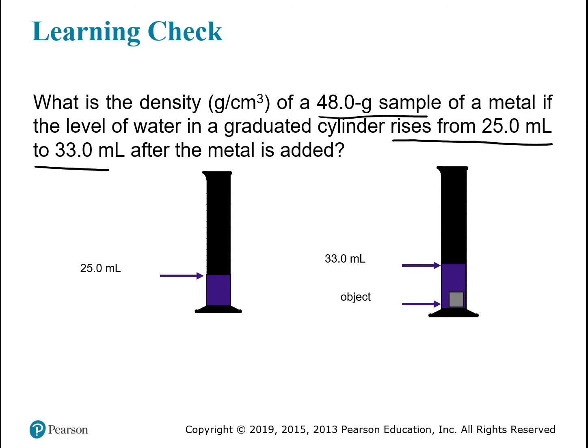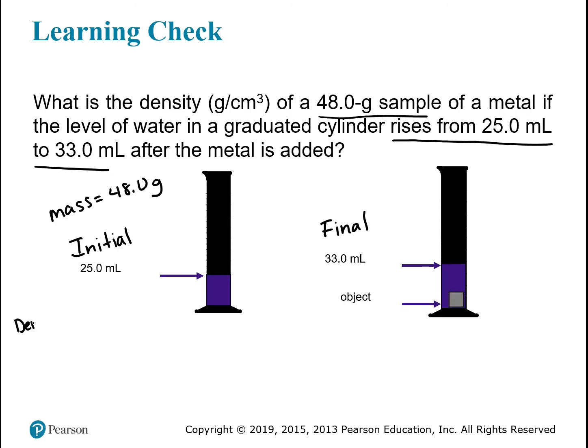We're given the initial and final volume of the water. The initial volume is 25 milliliters. The final volume after the metal object is added is 33 milliliters. We also know that the mass is 48 grams.